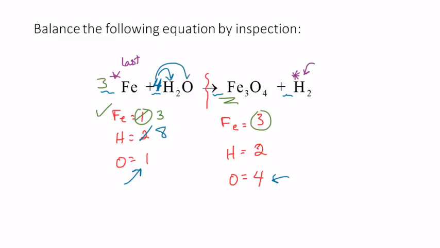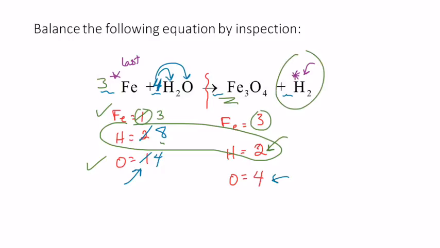And then I need to update my oxygens. So I have 4 there. Now my oxygens are great, and I didn't mess up my irons, which is wonderful. The last thing I need to fix are my hydrogens. It looks like I have 8 over here, and I need to get 8 on the product side.